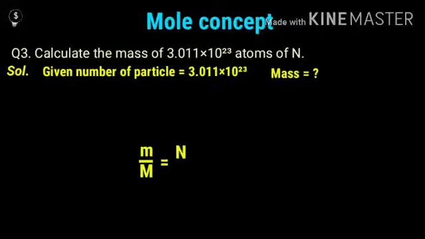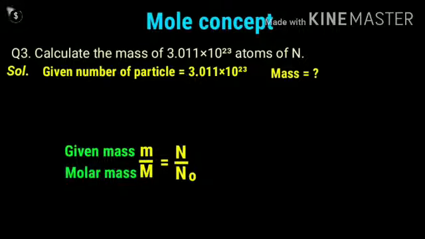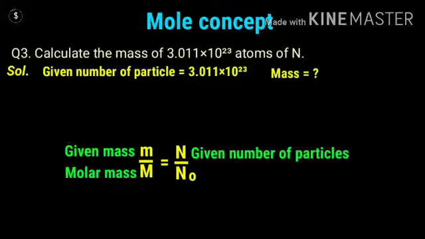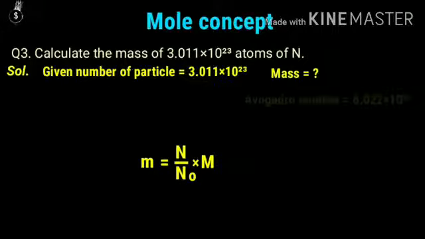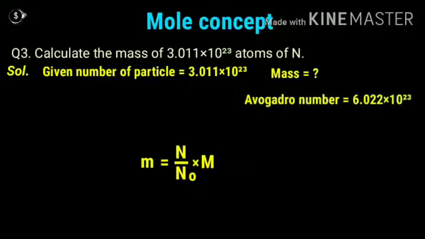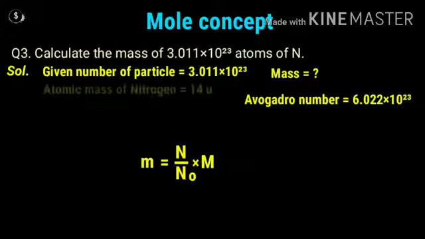Which formula is that? The combination formula: m upon M, that is given mass upon molar mass, equals N upon N0, given number of particles upon Avogadro number. So m equals N upon N0 multiplied by M. This formula will be used.